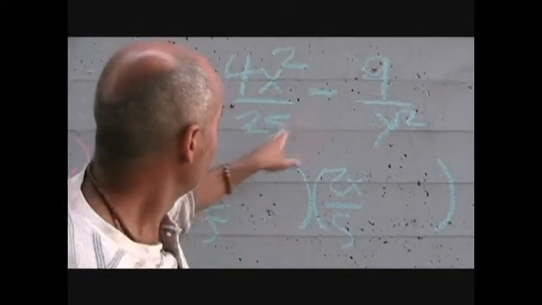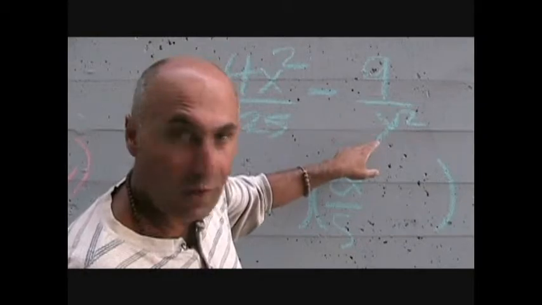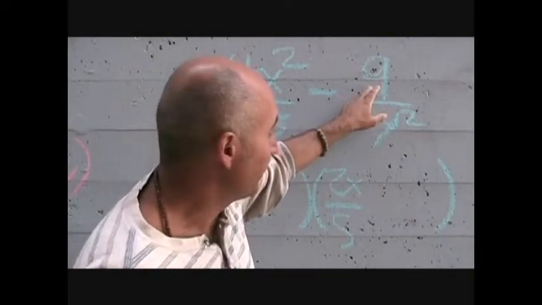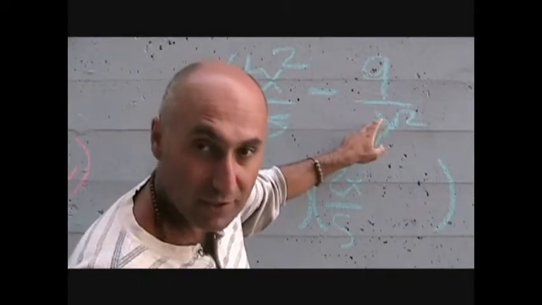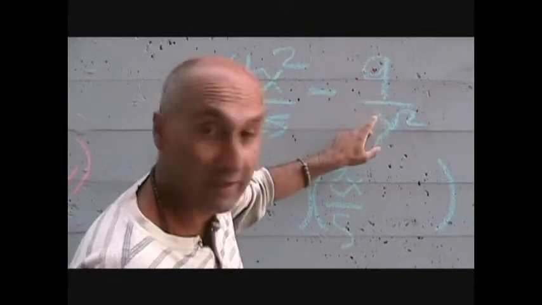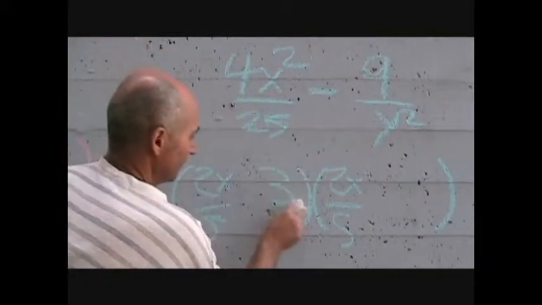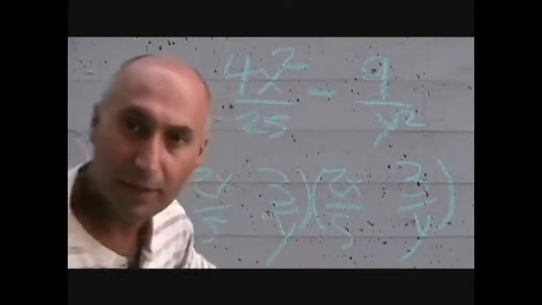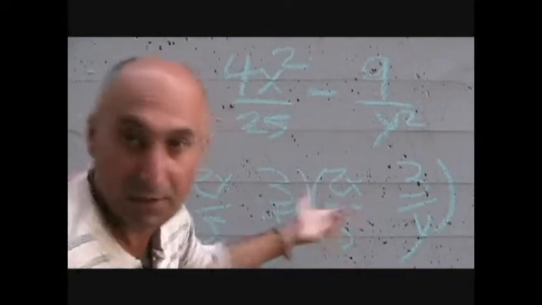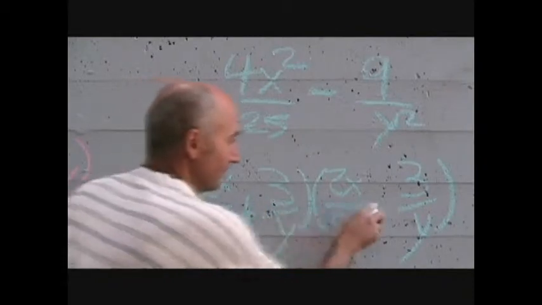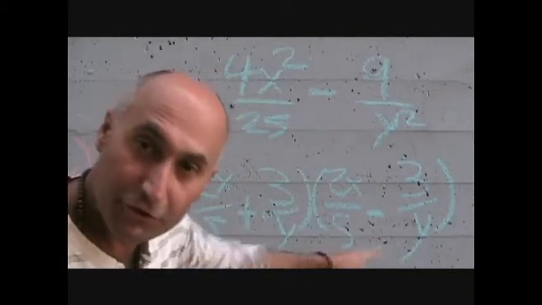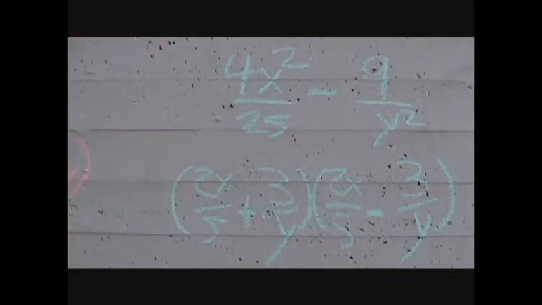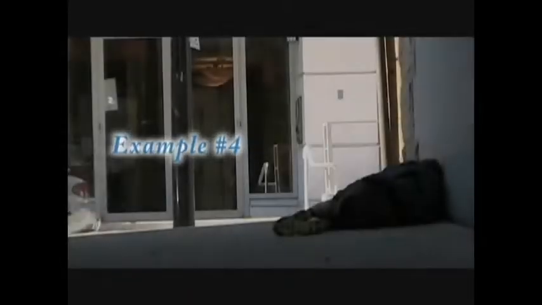The square root of 9 over y squared is the square root of 9, which is 3, divided by the square root of y squared, which is y. So it's 3 divided by y. And your choice, plus, minus, or minus, plus. Just make sure you switch it.